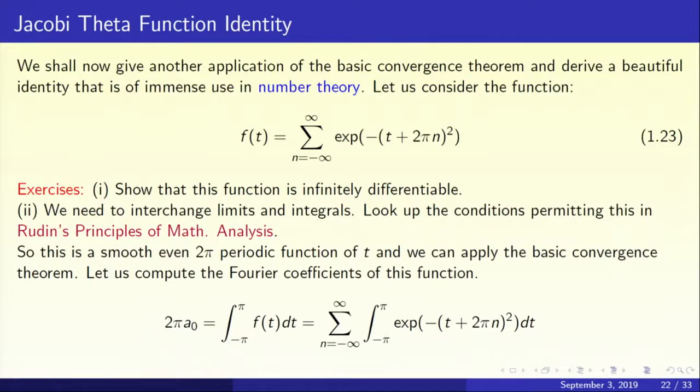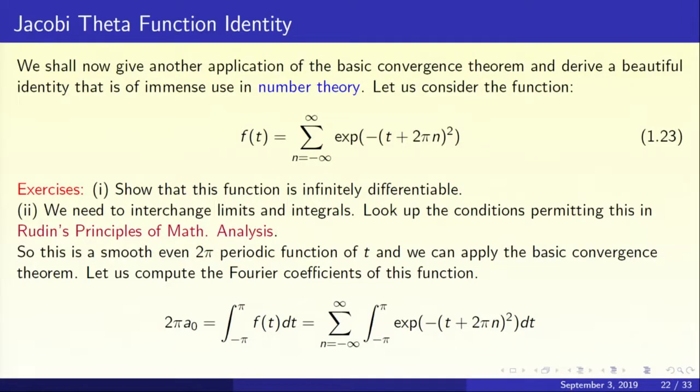Let us construct a function f of t. As you see in the slide 1.23, f of t equal to summation n from minus infinity to infinity exponential of minus t plus 2 pi n the whole squared. Now replace t by t plus 2 pi. What happens?